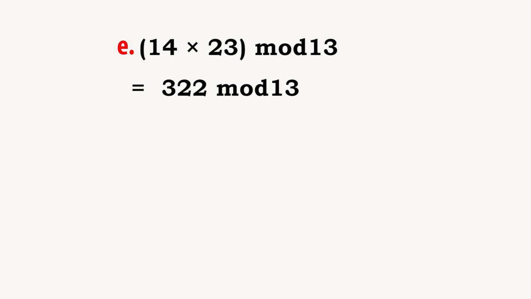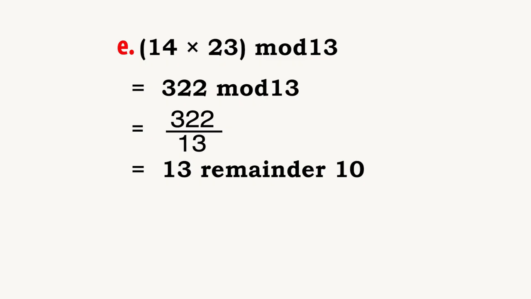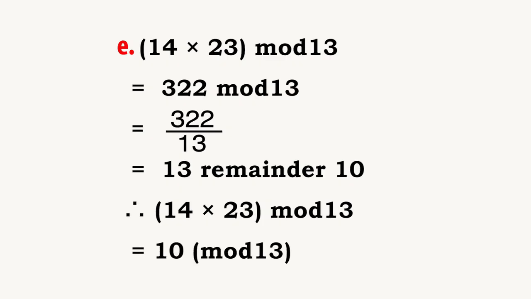That gives us 322 in mod 13. What do we do next? We divide 322 by 13. Dividing, we get 24, remainder 10. And therefore, 14 times 23 in mod 13 is equal to 10 mod 13.